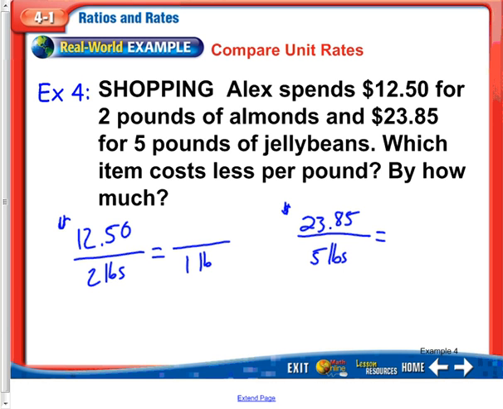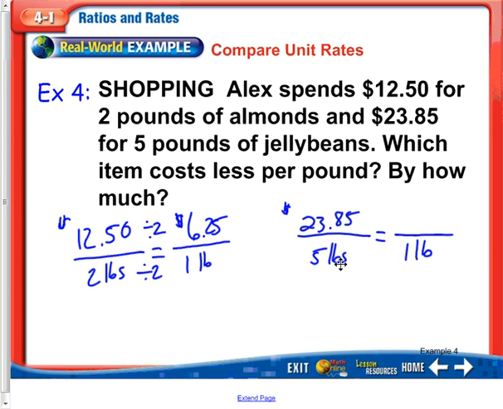And again, we want to get that to 1 pound, so we can compare 1 pound to 1 pound and see really which one is a better deal. So again, how do you get from 2 to 1? You divide by 2. Whatever you do to the bottom, you have to do to the top. So $12.50 divided by 2 is going to be $6.25 per pound.